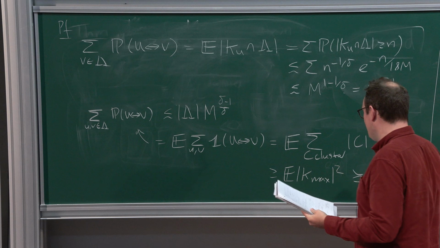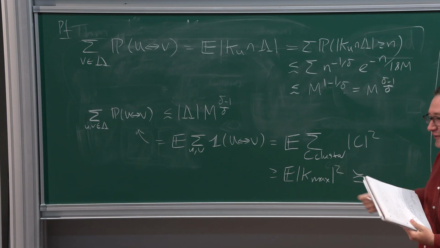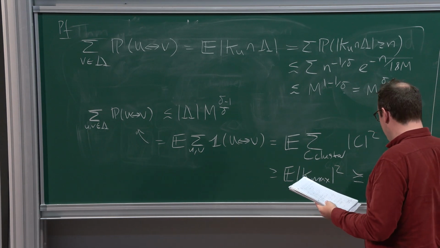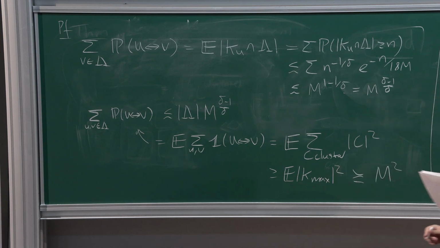Which, up to the usual off by 1 nonsense with medians, is bounded below by some constant times m squared.